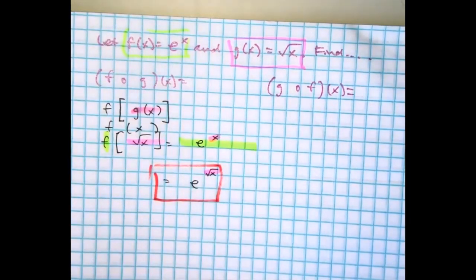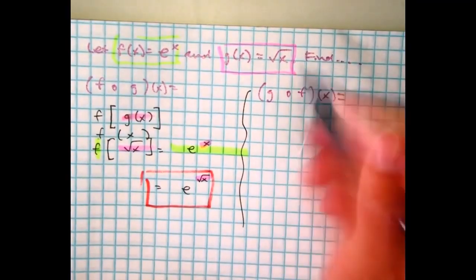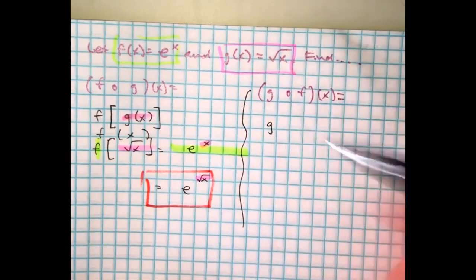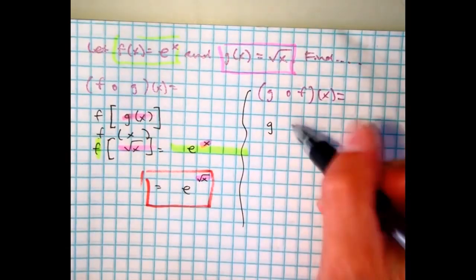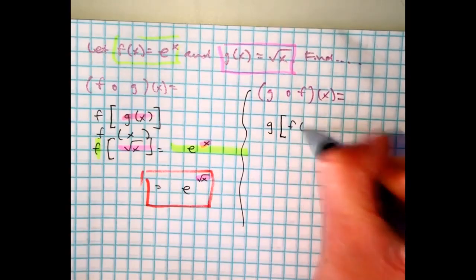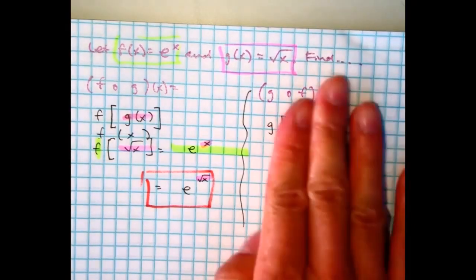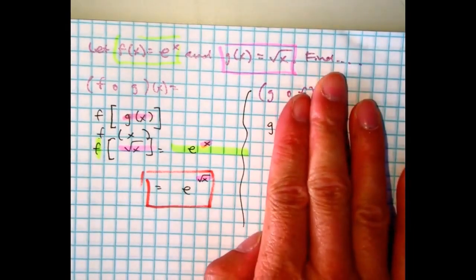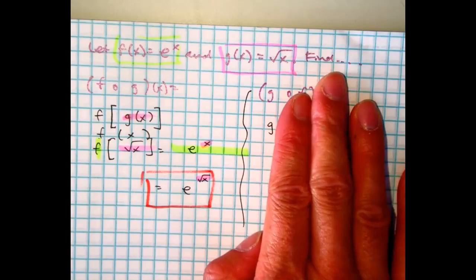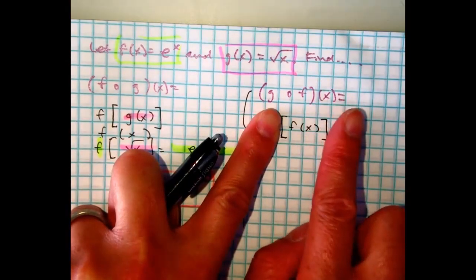Let's try another one. Class, tell me how to write this one over here. G goes on the outside. What goes on the inside? F of x. So basically it says in the function of g, you're going to replace every x value with whatever f of x is equal to.